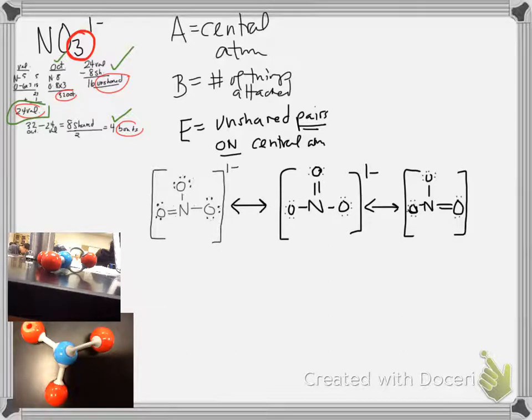So every compound has a central atom. So every compound gets an A. We don't need to put a subscript 1 or anything there because there's only ever one.